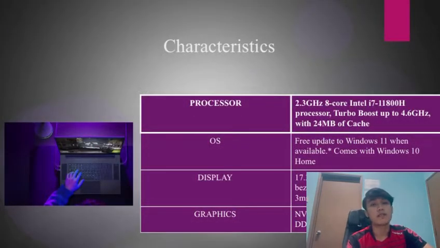Okay, I will explain about the characteristics. For the processor, 2.3 GHz 8-core Intel i7-11800H processor, turbo boost up to 4.6 GHz with 24 MB of cache. For the OS, free update to Windows 11 when available.